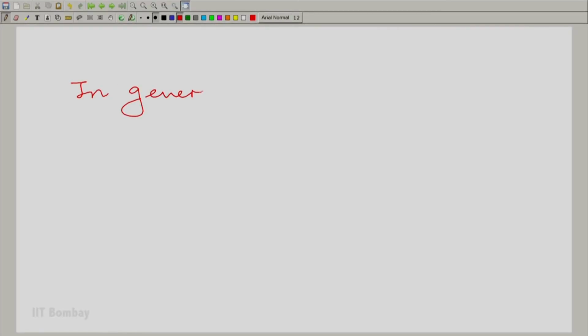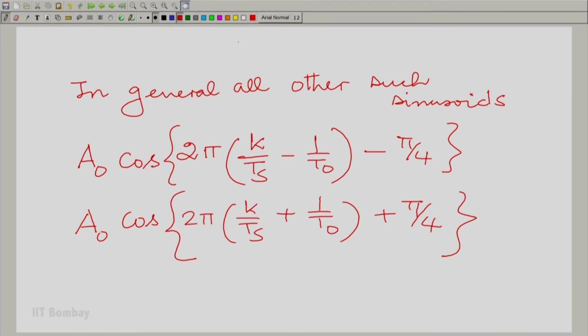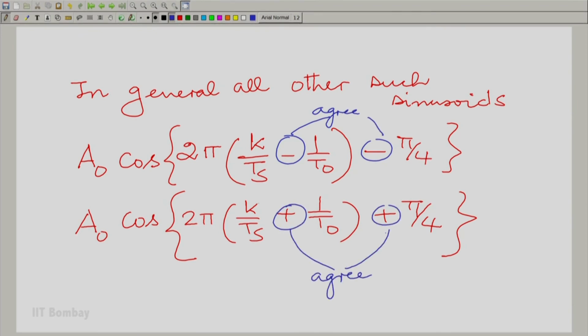Now, it is not difficult to generalize to losing more than one cycle or almost losing more than one cycle. In general, all the other sinusoids which have the same samples at the same points are as follows. Let us write them down. These are the expressions. So, we have these two signs are green and so also these two signs.